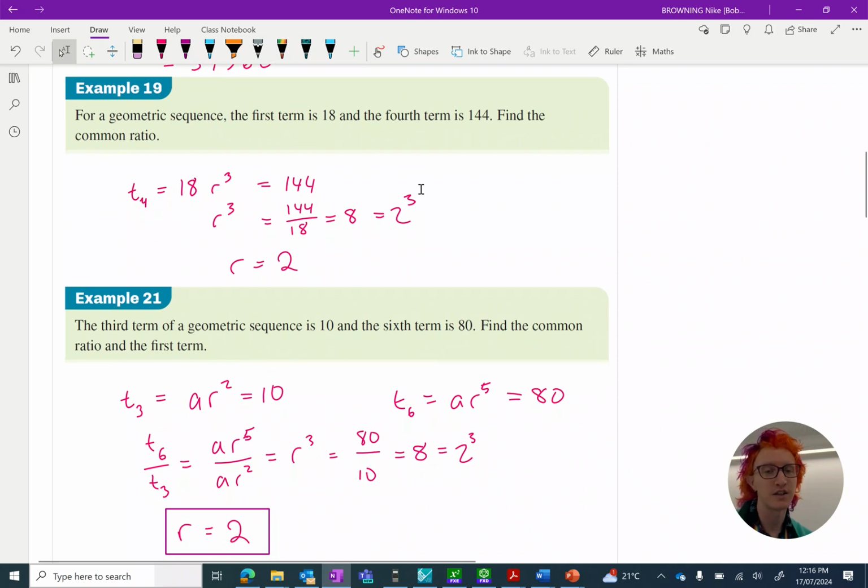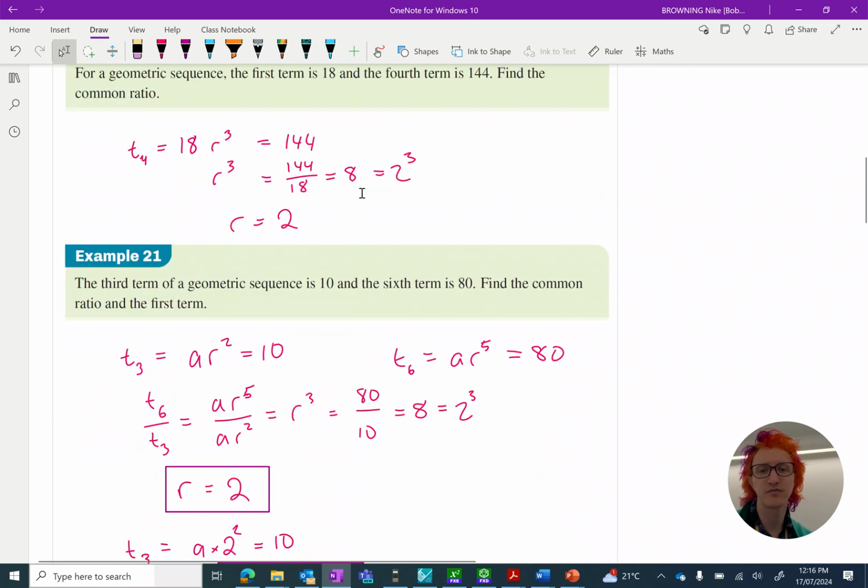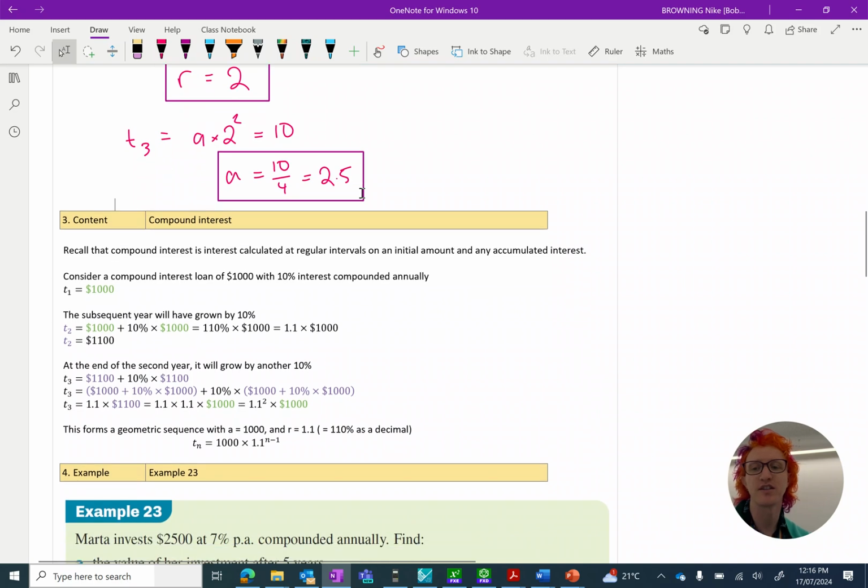You can use the solve function. Quite simply solve r cubed equals 144. Well, sorry, x cubed equals 144 because it doesn't like r's, but yeah. That's 2.